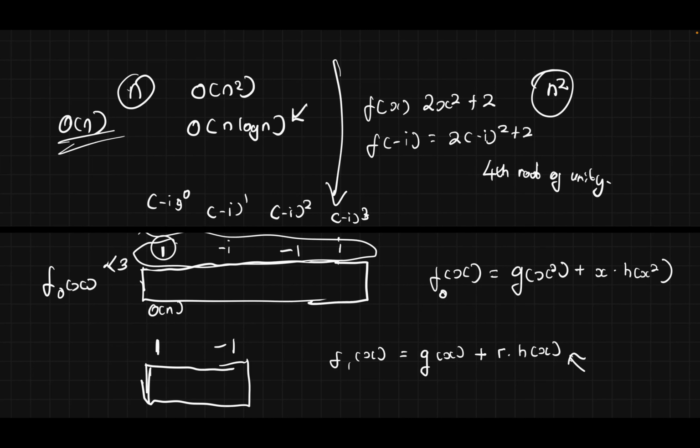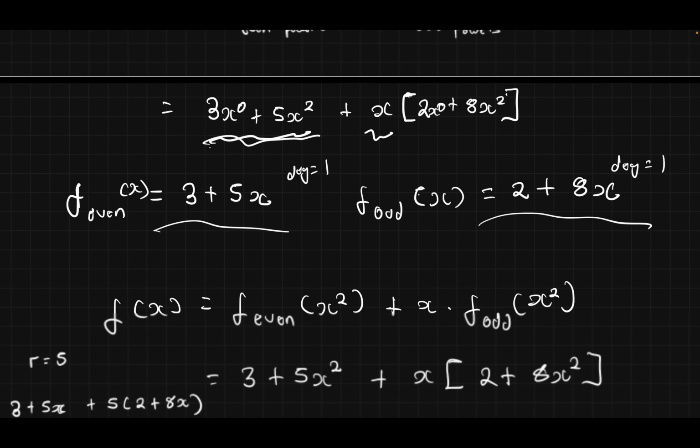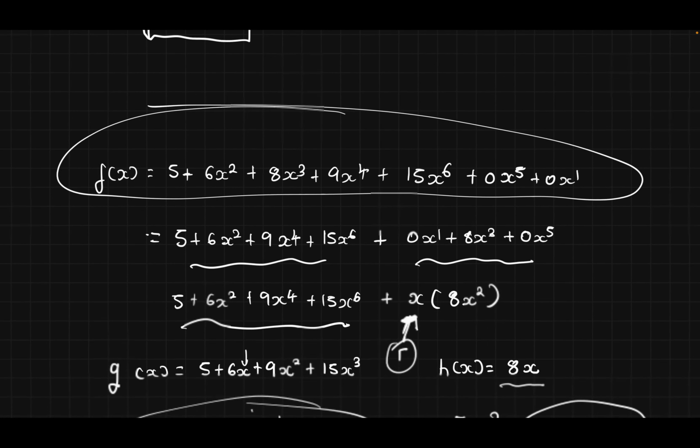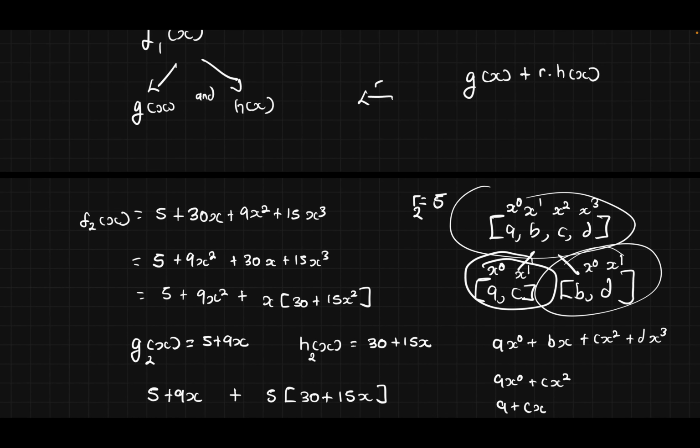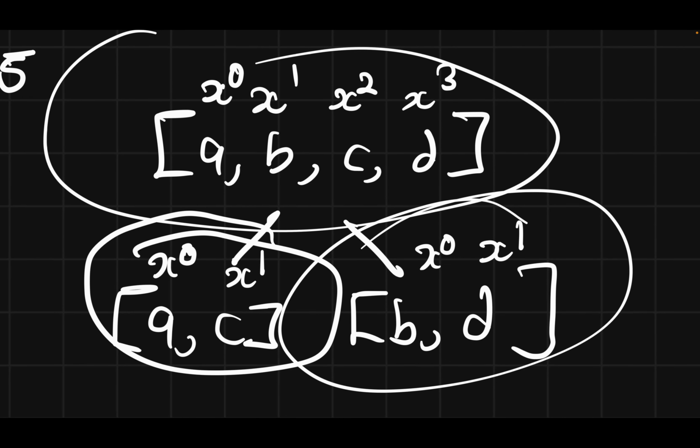Once you have done that, you now split it. That's the interleaving step that I talked about. A and C are the even powers, and B and D are the odd powers.